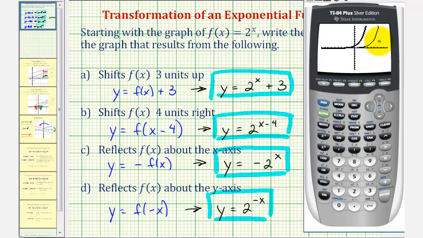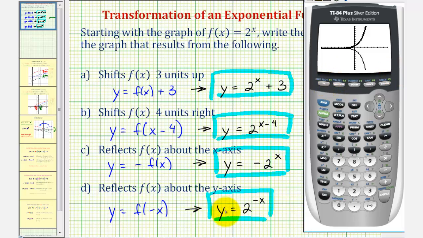That looks good. Let's go back to y equals. Let's clear out y2, and now we're going to enter negative 2 raised to the power of x. And this should reflect the graph across the x-axis. And notice that it does.